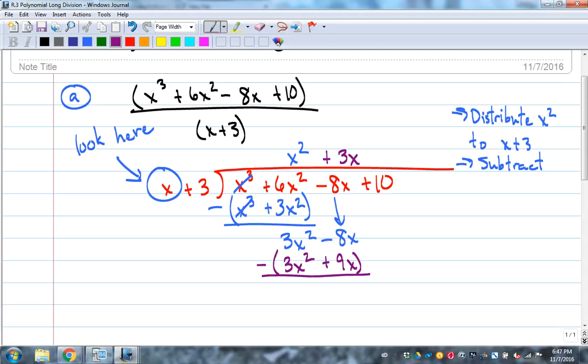The 9x comes from 3x times the plus 3. Whatever we put up here, we have to distribute to everything here, every time. Then we put parentheses and subtract. The x squareds go away. That's what they should do. If they don't, we didn't do it right. Then we have negative 8x minus 9x, which is negative 17x. I'm going to bring down the plus 10.